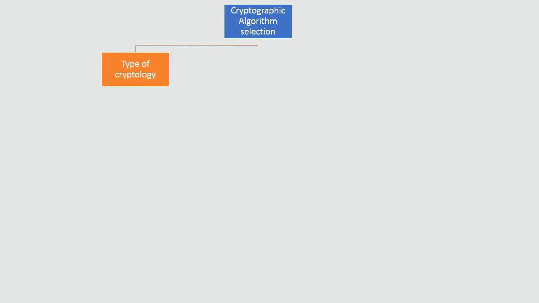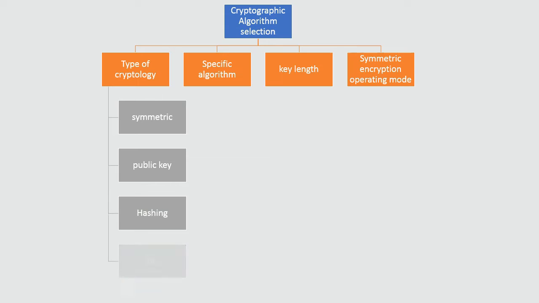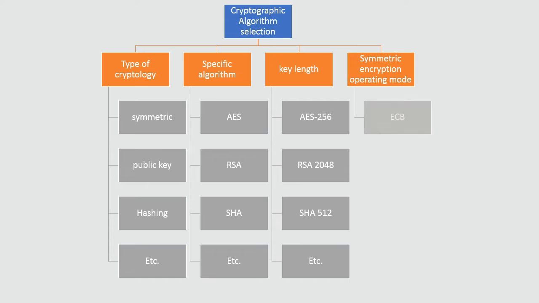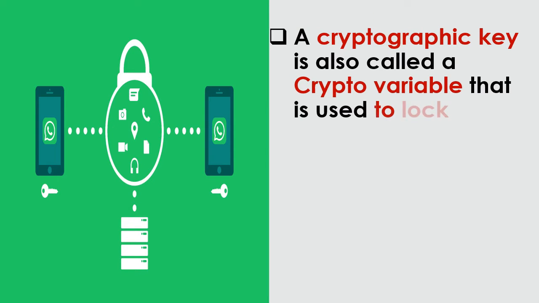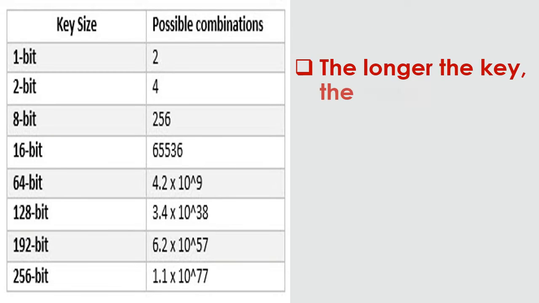Cryptographic algorithm selection depends on type of cryptology, symmetric, public key, hashing, etc., specific algorithm, AES, RSA, SHA, etc., key length, AES 256, RSA 2048, SHA 512, etc., and symmetric encryption operating mode, ECB, CBC, etc. A cryptographic key is also called a crypto variable that is used to lock or unlock cryptographic functions. The longer the key, the more secure the cipher.